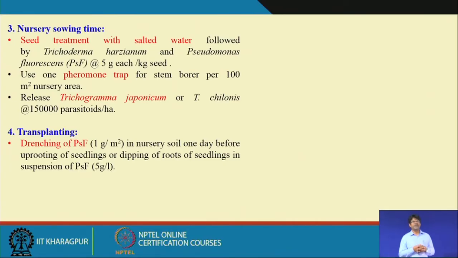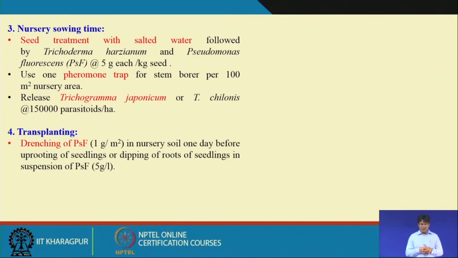Because when you go for nursery seeding, we soak the seeds in water for around 12 to 20 hours, and then they are packed in perforated gunny bags for maintaining the optimum temperature for germination of the seeds. During soaking there is swelling of the seeds, so use salted water and this microbial inoculum of Trichoderma harzianum and Pseudomonas fluorescens, so that seed borne disease can be avoided.